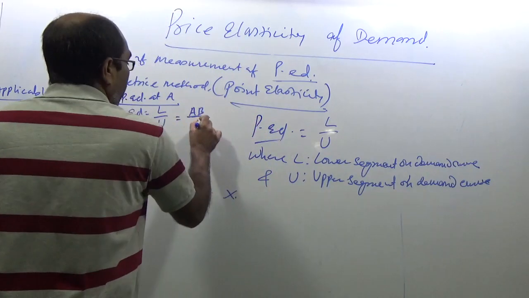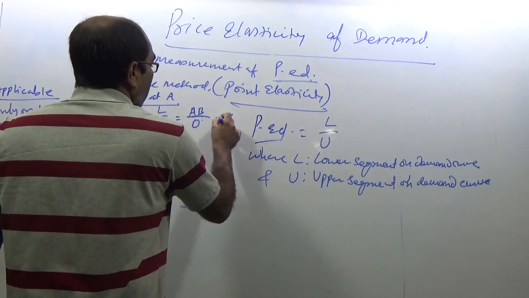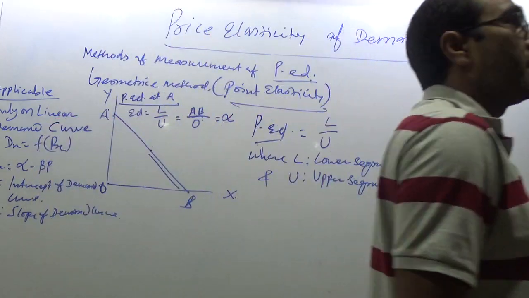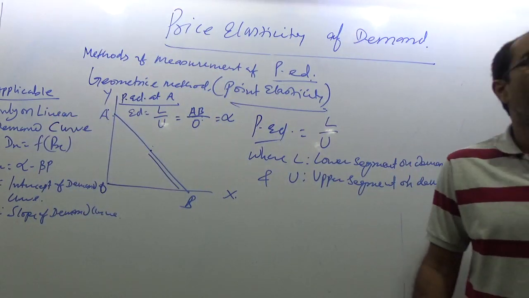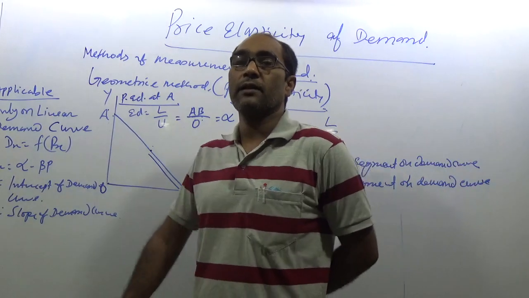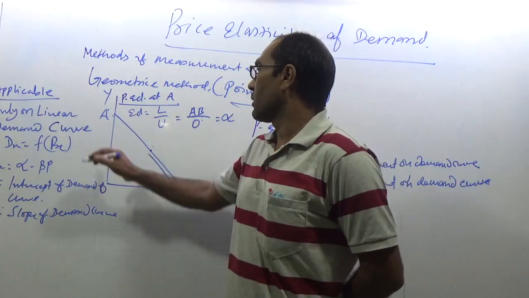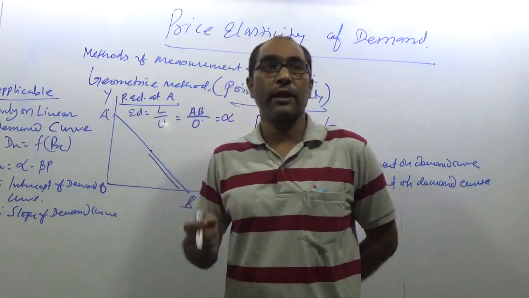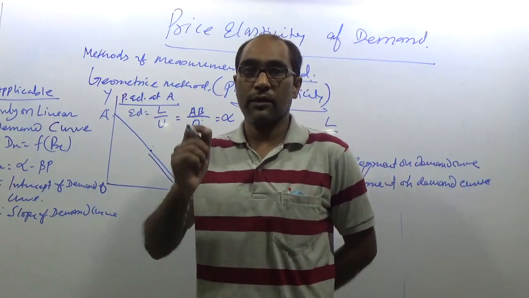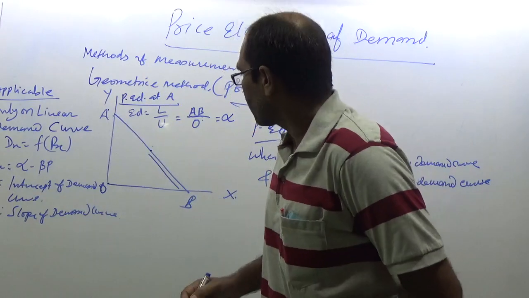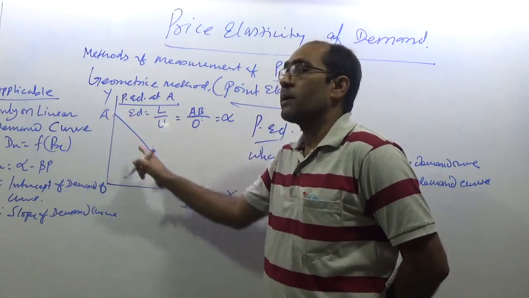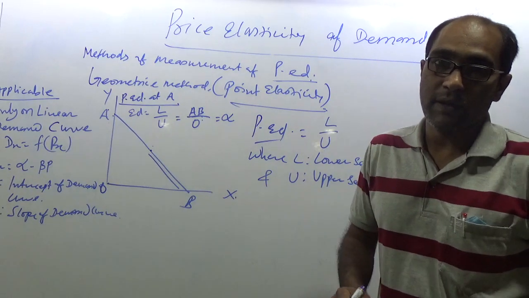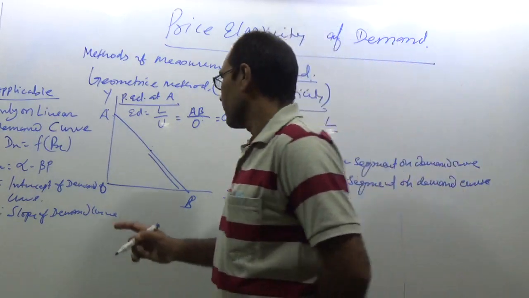So AB divided by 0 equals infinite. Any value divided by 0 will provide us infinite value. Point A is an extreme point along the y-axis. There is nothing above A. So you will get infinite elasticity of demand.